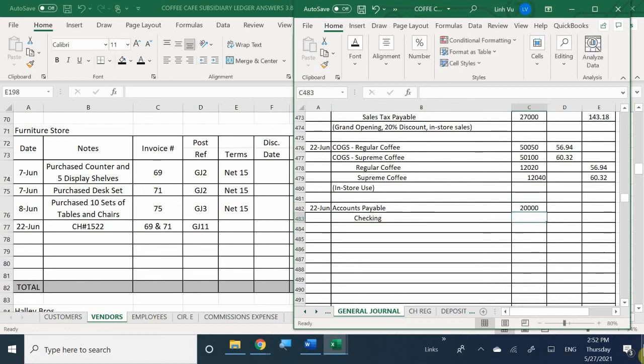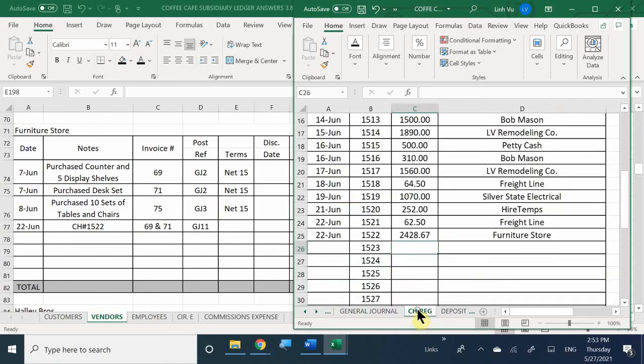And then I put in the 6,605.08. Then my next step is to go to the check registry to find out my check number. It'll be 1523 for the amount of $6,605.08.